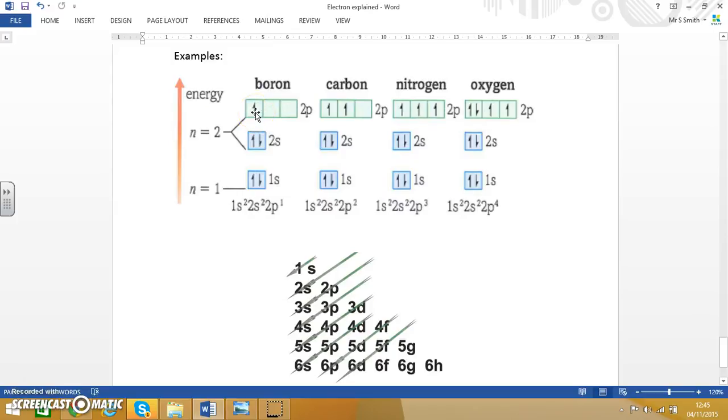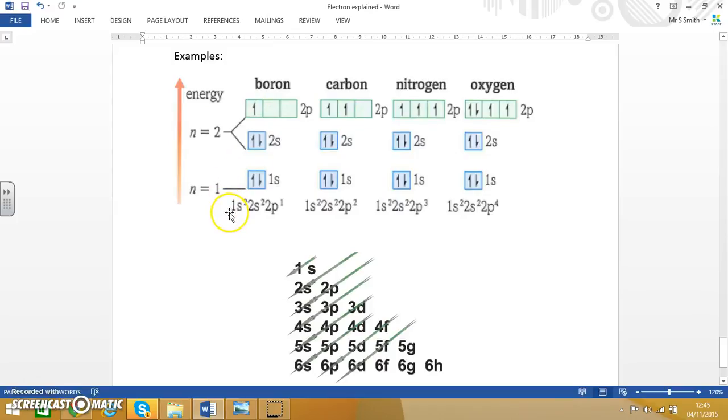So we have 5 electrons distributed, 2 in the 1s subshell, closest to the nucleus, lowest energy, 2 in the 2s subshell, second closest to the nucleus, second lowest in energy, and finally 1 electron in the first of the p orbitals, which is the next closest to the nucleus.